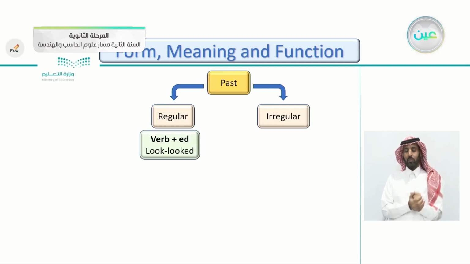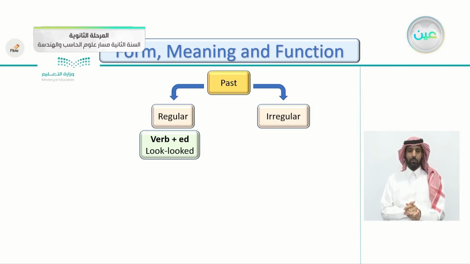For example, look and looked. Again, the past tense has two kinds, regular and irregular. The regular, from the word itself, there's nothing unusual here. Just add ed to the verb.